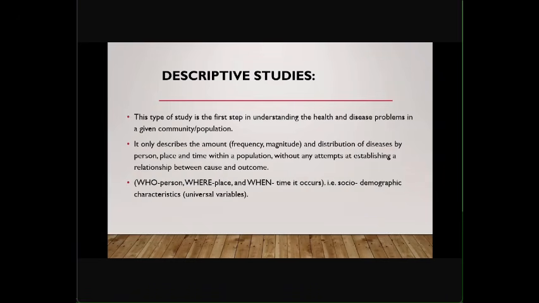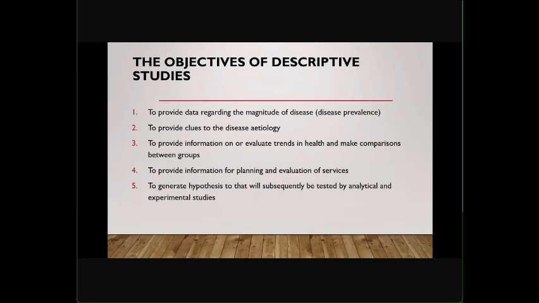Now, this who, where, and when, most times they are social demographic characteristics. And those social demographic characteristics, most times we'll call them universal variables, right?